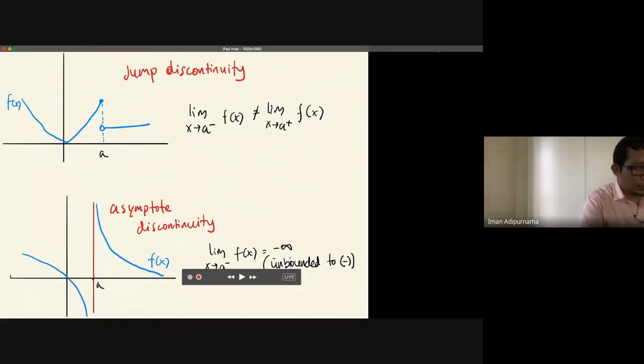Unbounded meaning it's getting larger and larger without any limitation, going to negative infinity. This is unbounded to the positive side.